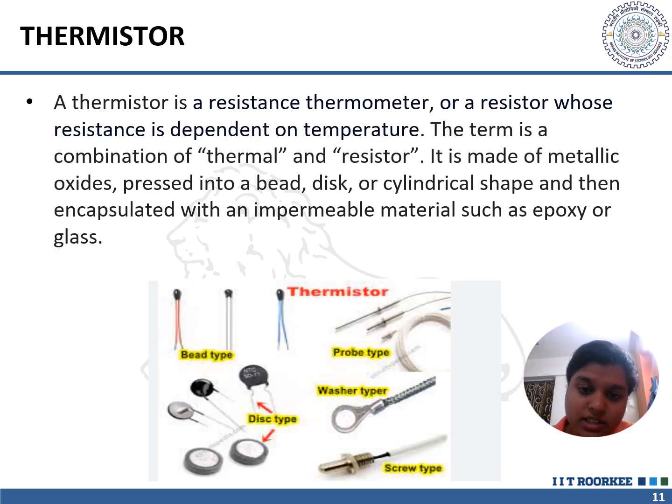Now, the thermistor is a resistance thermometer or a resistor whose resistance is dependent on temperature. From the term also we can understand it's thermistor, so thermal and resistor. It is made of metallic oxides pressed into a bead, disc or cylindrical shape, and then it is sealed with an impermeable material such as epoxy or glass.